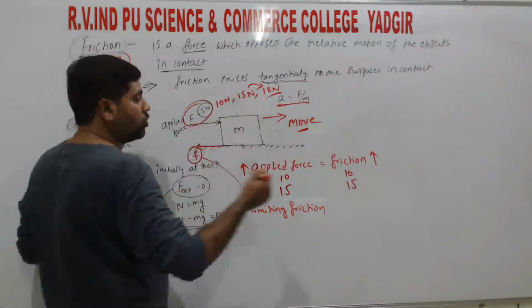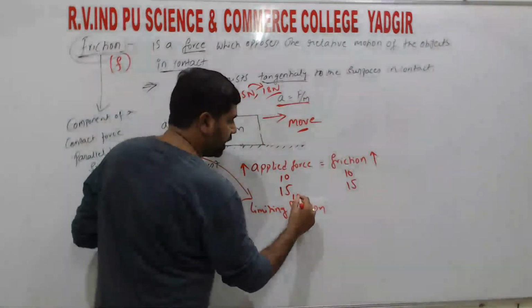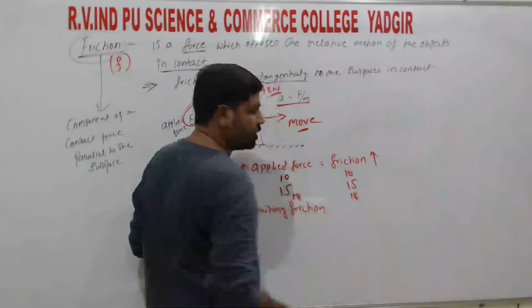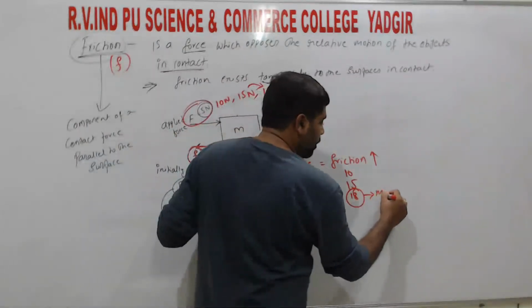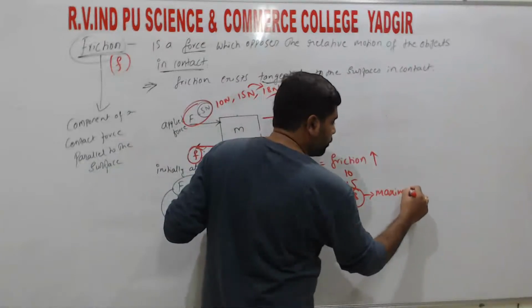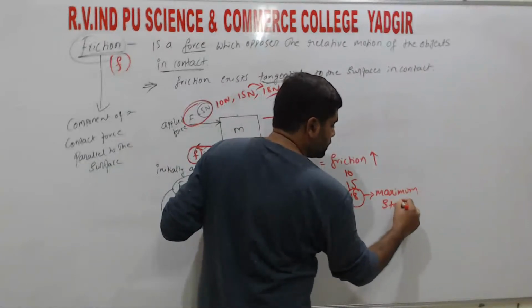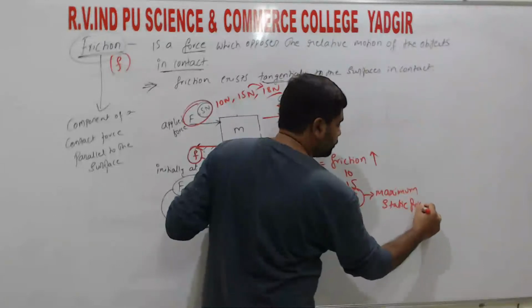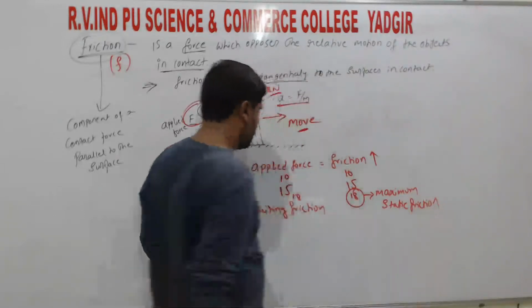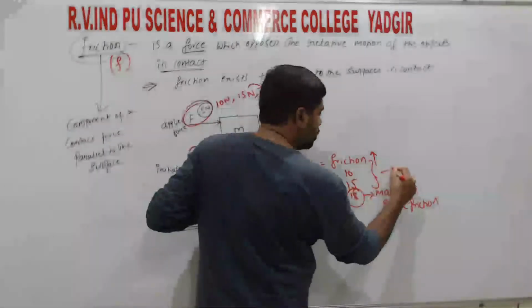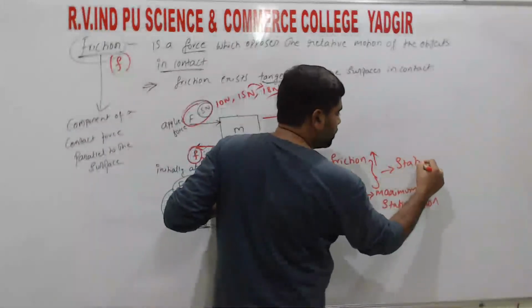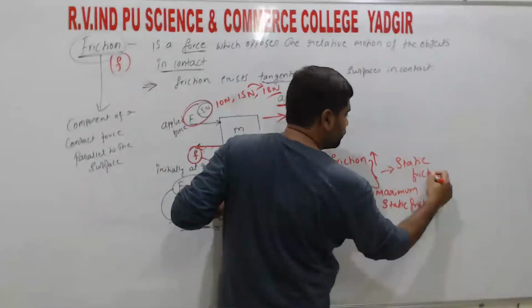So here I am applying some 18 Newton, so here also the friction will be 18 Newton. So this value we call as maximum static friction, right? So up to these values we call that static friction.